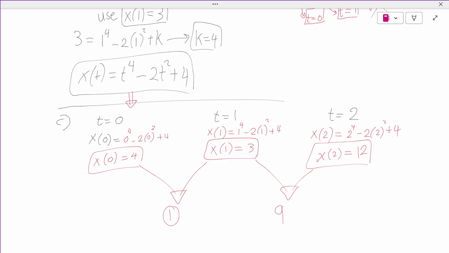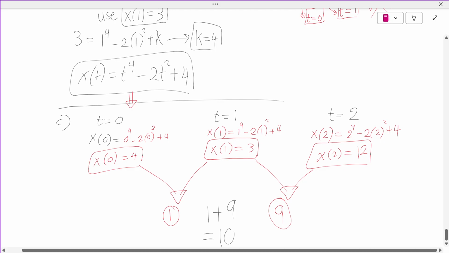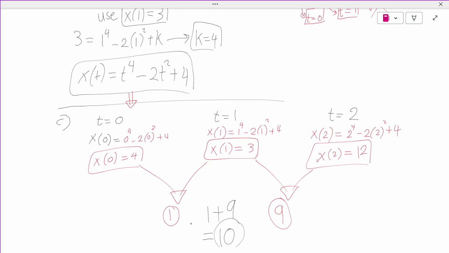So the particle traveled 1 unit from 0 to 1 and 9 units from 1 to 2. In total, the particle traveled 10. This is the total distance the particle traveled from 0 to 2.